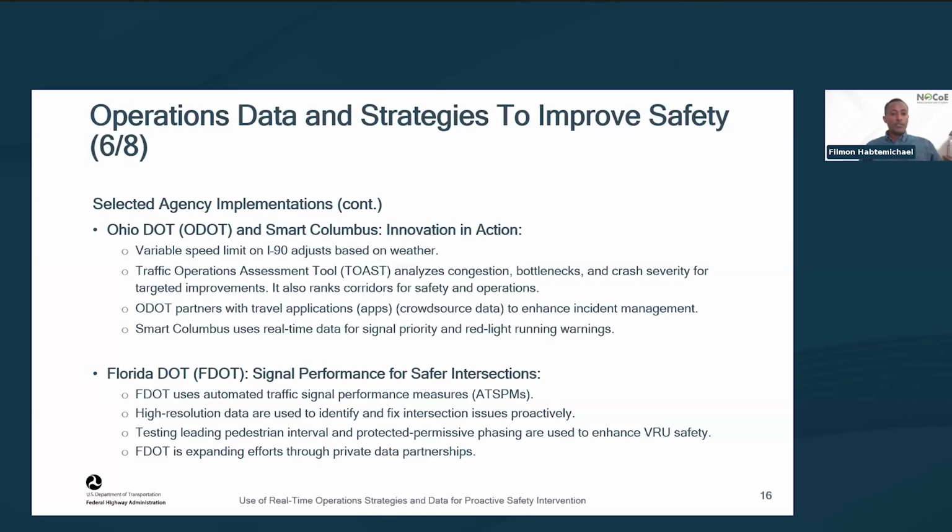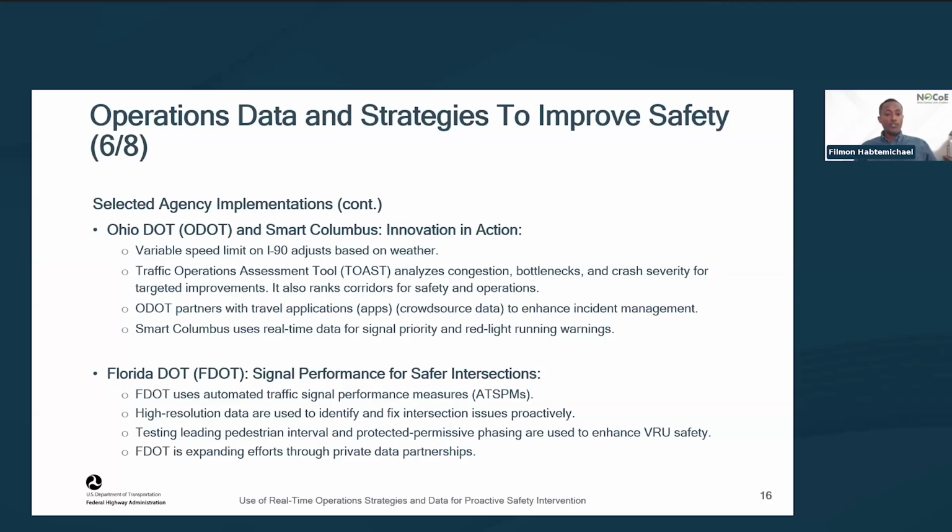Speaking of Smart Columbus, it is part of the Smart Cities Challenge initiative, and they are using real-time data for signal priority and also for warning other drivers of any vehicle that is running a red light. Florida DOT is using signal performance for safer intersections.